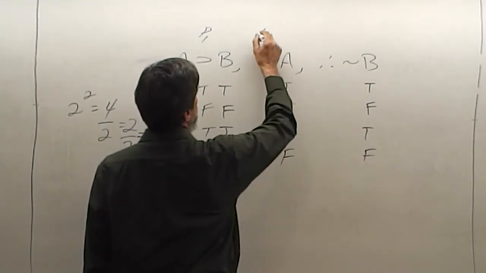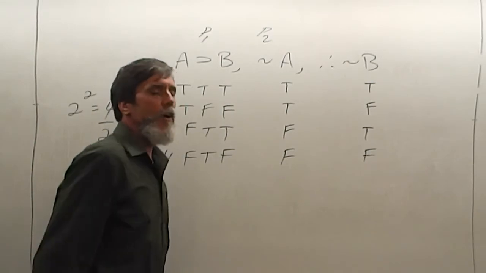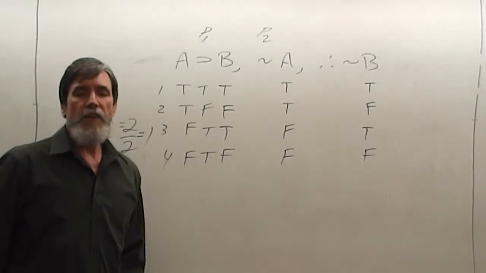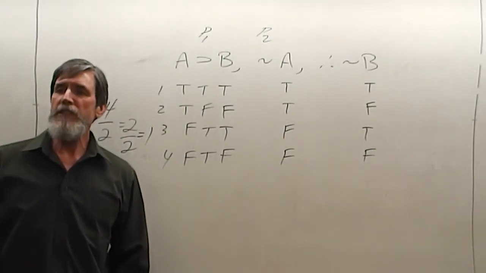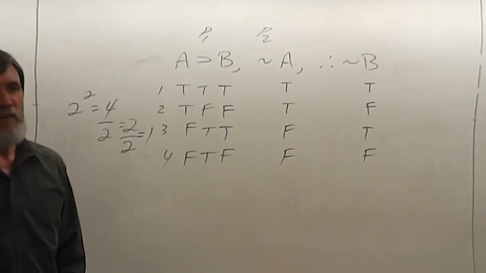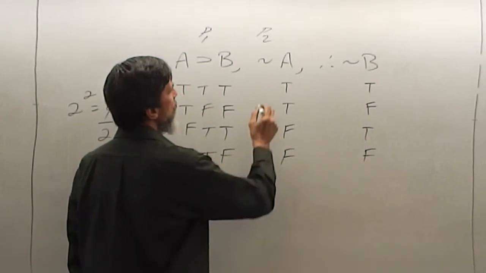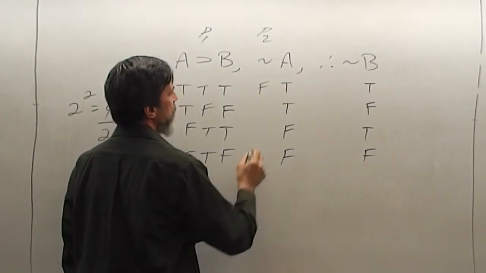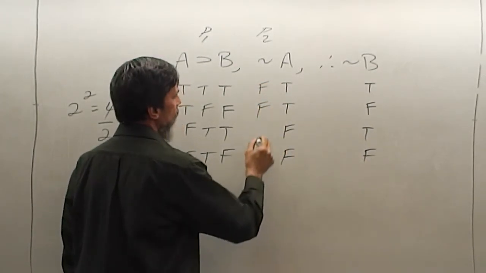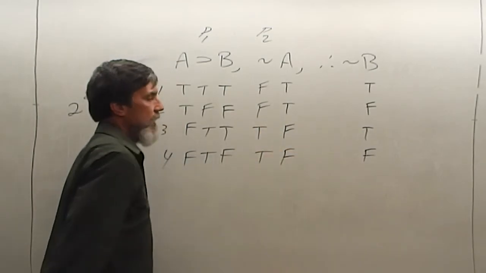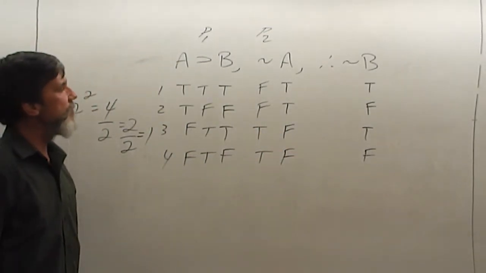Our second premise is a curl. The curl, by definition, has the opposite truth value of whatever statement it's negating. So where A is true, curl A is false. Where A is false, curl A is true.